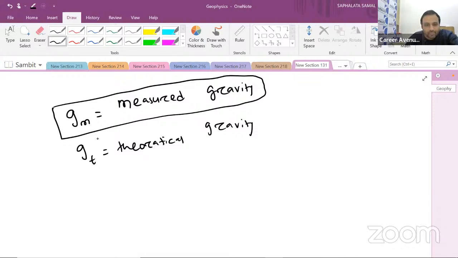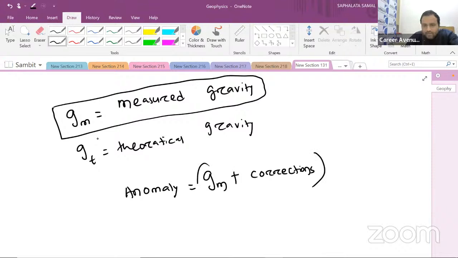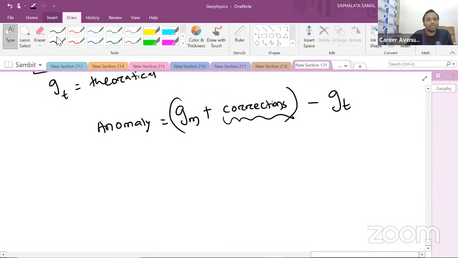So what will I do? The anomaly would actually be the measured gravity value plus the corrections, I have to add different kinds of corrections, which we will discuss a little bit later, minus the theoretical value. Now let's see what these corrections are first. So we'll discuss the gravitational corrections.